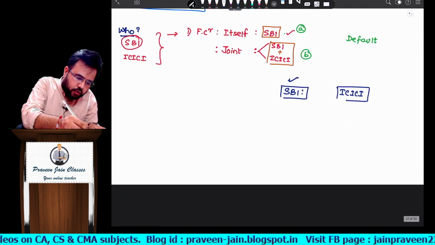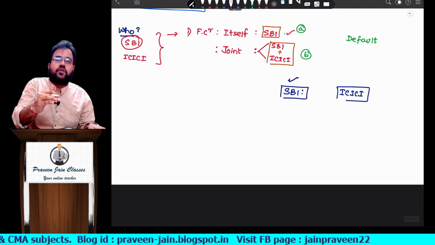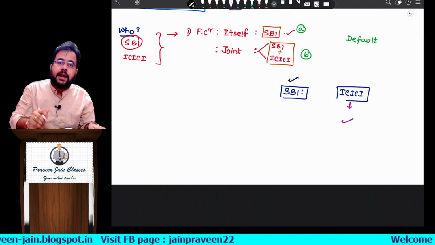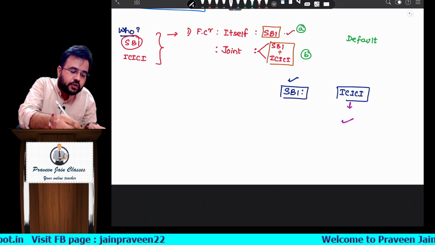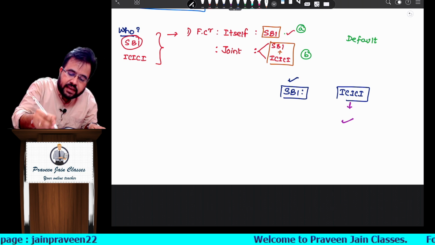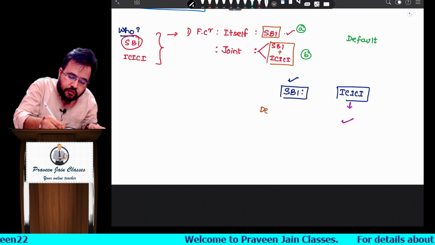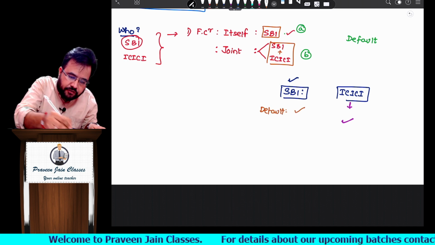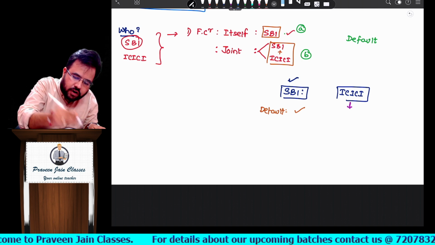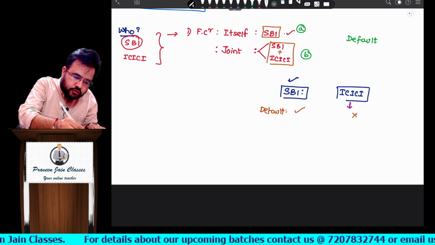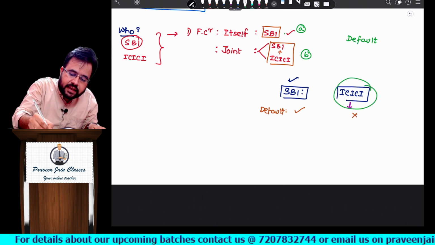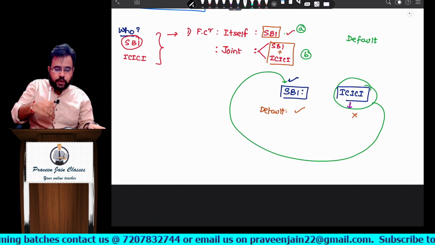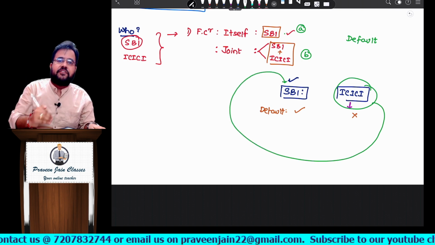Okay, so now the question is, SBI does not want to file an application. Can ICICI file an application? Now my question to you people is, can ICICI file an application for a default? Now whose default has happened, sir? SBI's. Whose default has not happened? ICICI's, sir. So now can ICICI file an application for a default not owing to him but for the default of another financial creditor?